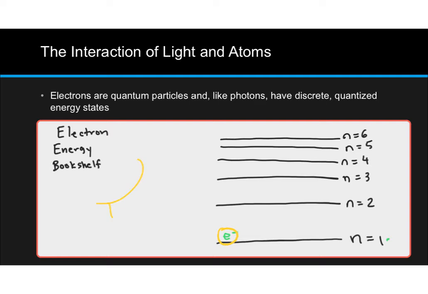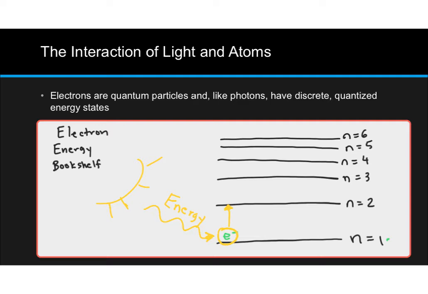So suppose that we shine some light on this electron, and light is governed by principles of both particle nature and wave nature. As a particle, it packs some energy. It turns out that light can transfer energy to an electron and make it move from one shelf to another.